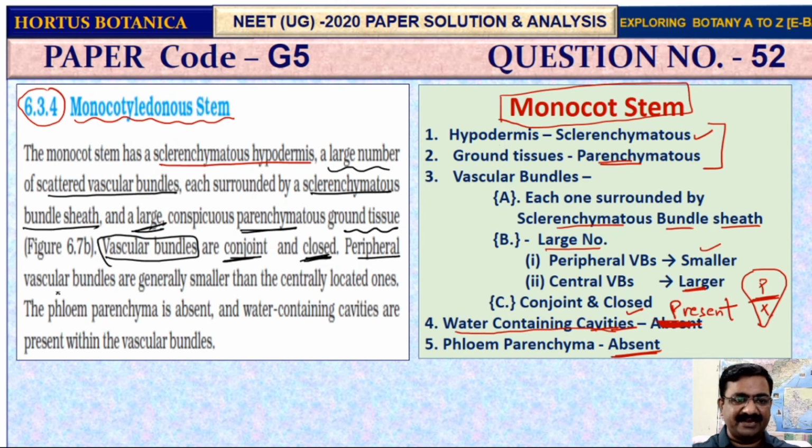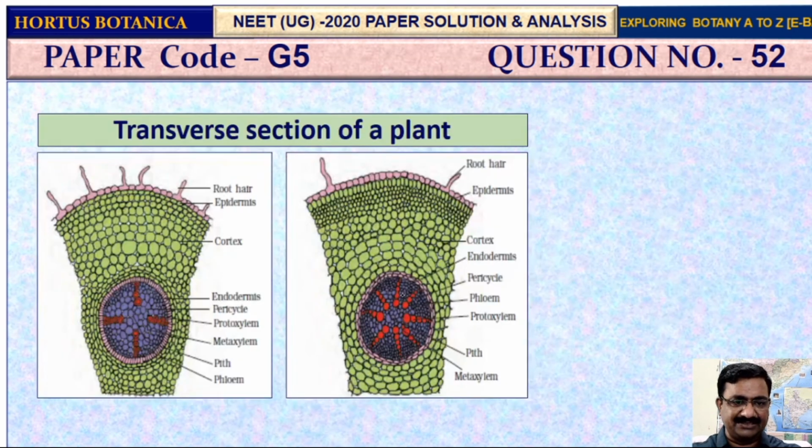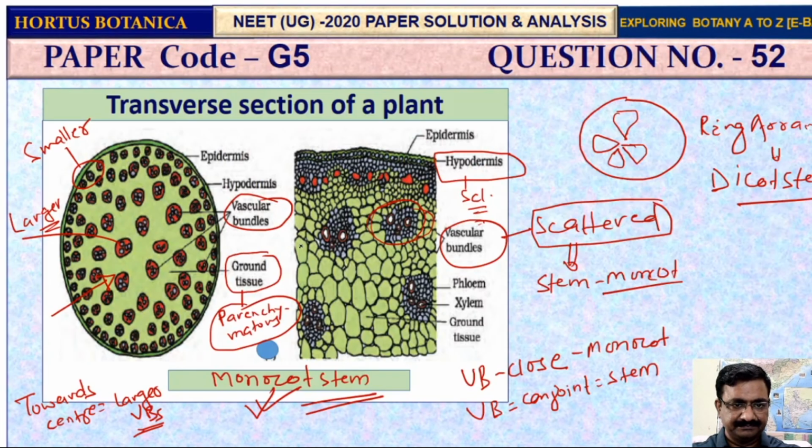Peripheral vascular bundles are generally smaller than centrally located ones, meaning towards the center larger vascular bundles are present, as I showed you in this diagram. This is the larger one, while the upper one towards the periphery is smaller.